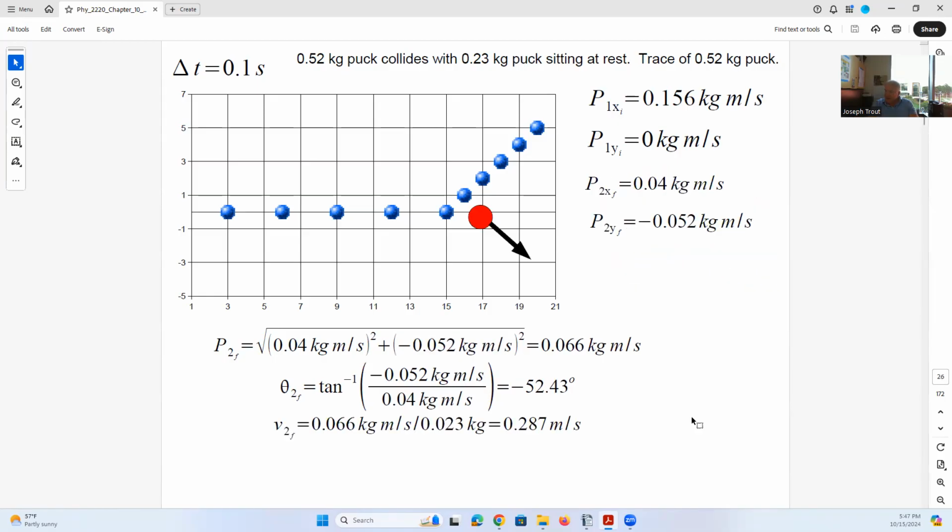So let's say that the puck that we don't see is 0.52 kilograms. We see that that puck must be moving off with a speed of 0.287 meters per second at an angle of minus 52 degrees.